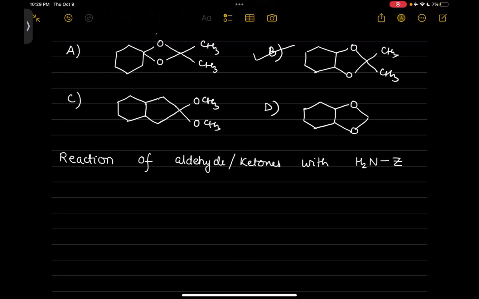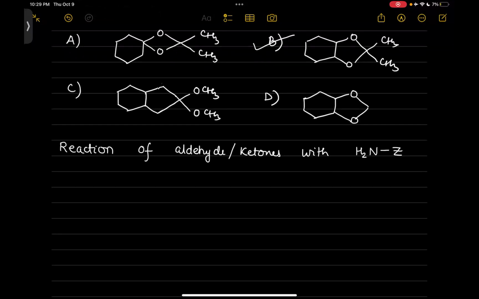Okay, the Z can be different groups. But as I told you, this is not a single reaction. It is a group of reactions. And the Z can be different for different reactants, but the overall thinking is going to be the same.